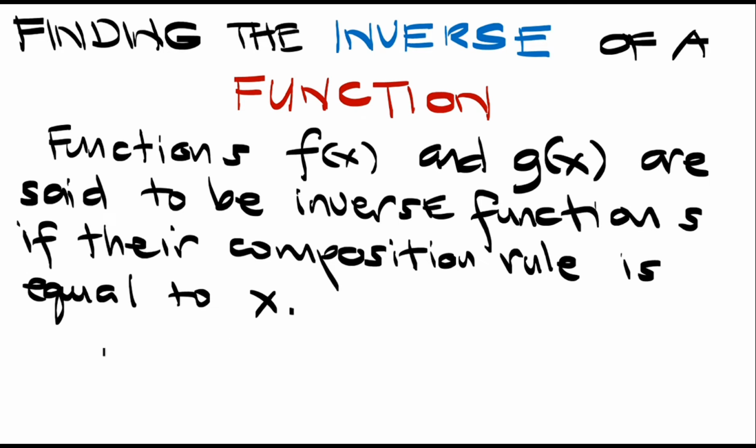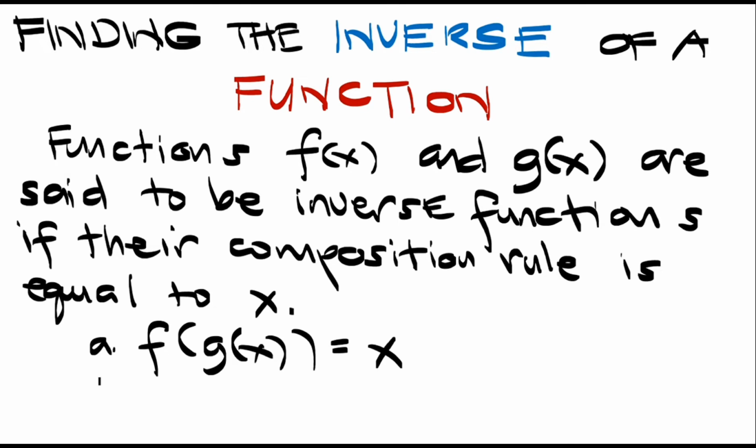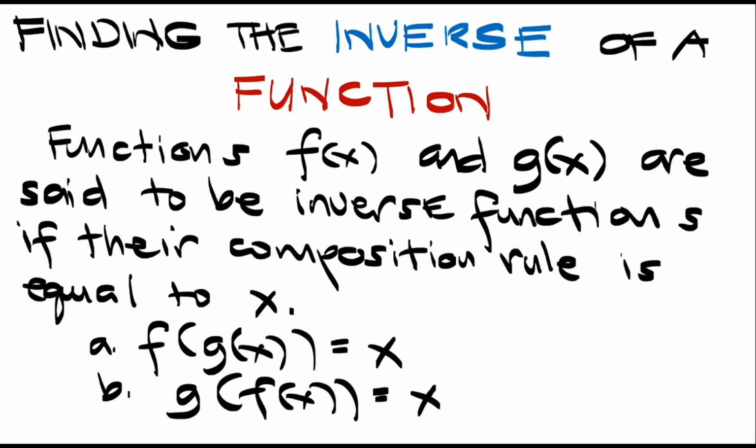That is, f of g of x must be equal to x, and g of f of x equals x. If these two conditions are satisfied by the functions f of x and g of x, then they are said to be inverse functions.